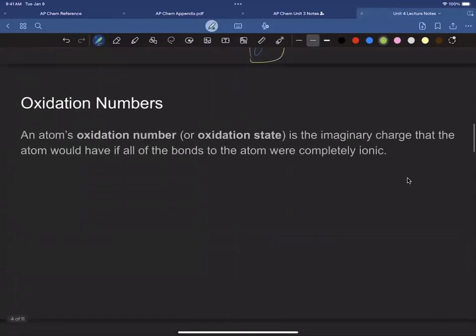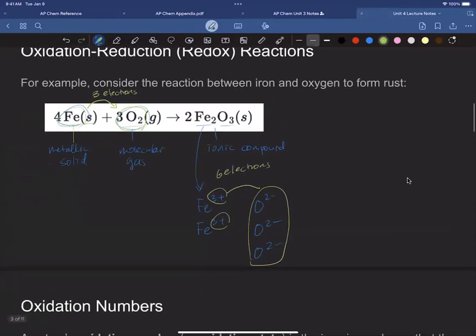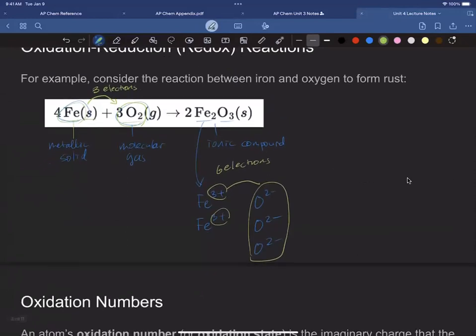Now there is something called an oxidation number. Here, how do we know that three electrons were transferred? How do we know that O is 2-? Why wasn't it simply FeO, where it was Fe3+ and O3-? Well, that's because of oxidation number, but if we look at the atomic structure of oxygen, it has six valence electrons, right?